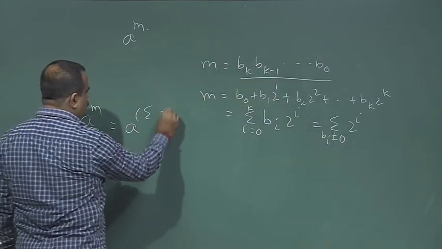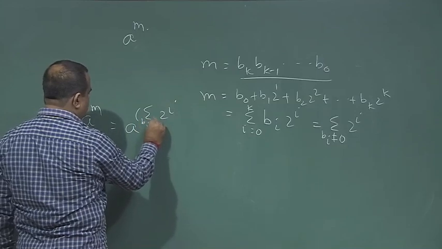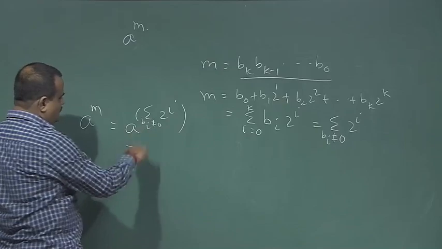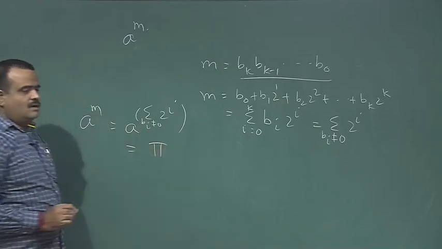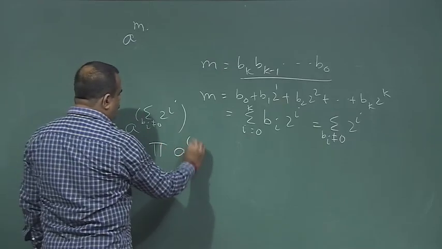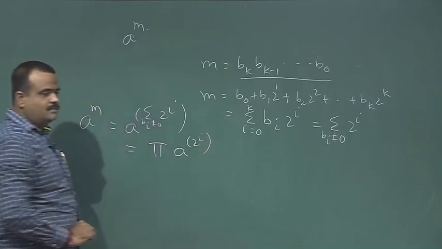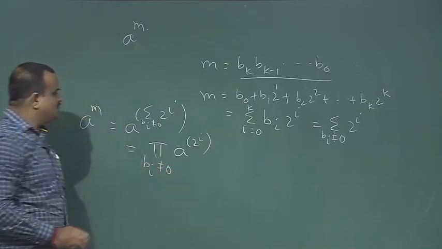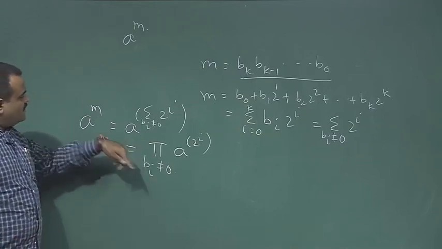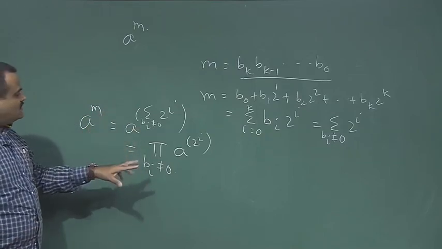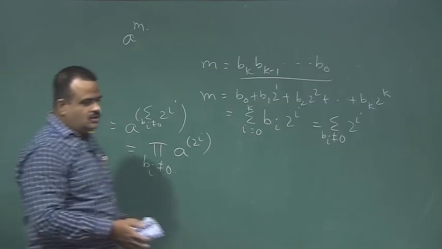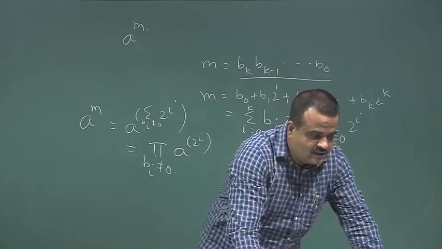This sum in the exponent becomes a product form: the product of a to the power 2 to the power i, where bi is not equal to 0. So every time we will square it, and once bi is not 0, we will multiply. This is called square and multiply.